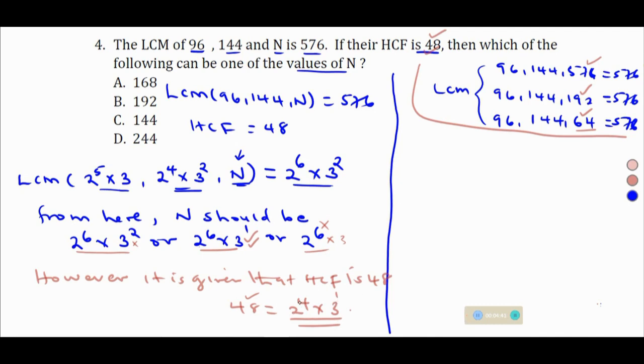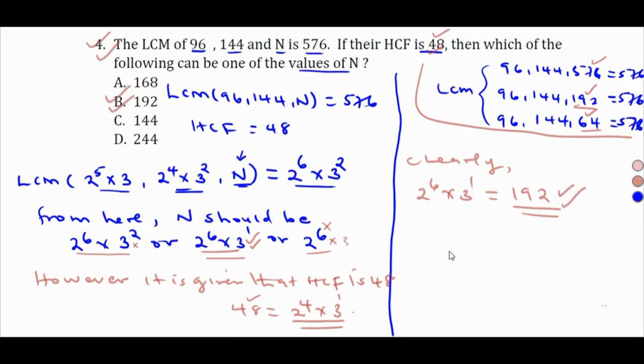So in other words, we look at the value which is having the form 2 to power 4 times 3 to power 1, and that value there will be 2 to power 6 times 3 to power 1. So clearly we can say that 2 to power 6 times 3 to power 1, which is actually 192, will be one of the values of n which will satisfy the given question.